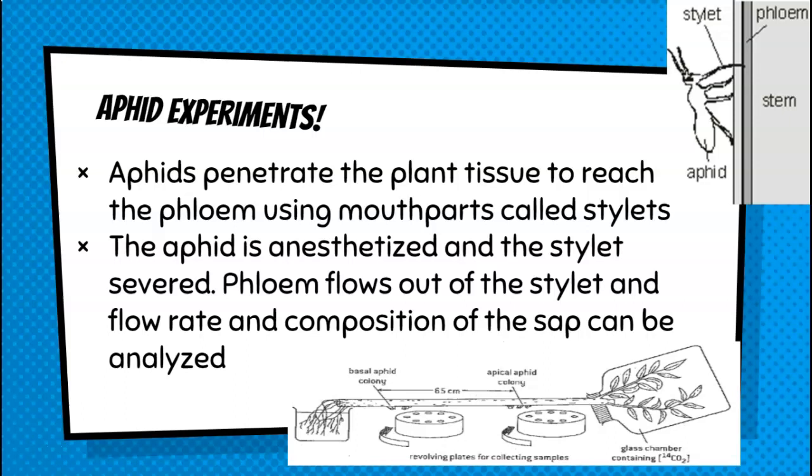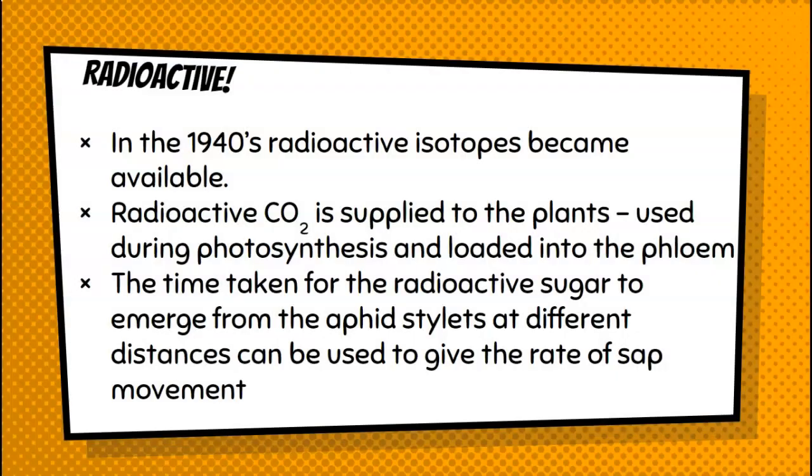To get a little bit more in depth with this experiment, we're going to talk about what actually happened. Again, in the 1940s, you had radioactive carbon dioxide, and you gave that to the plants. The plants used that in photosynthesis. By using that radioactive CO2, all of the sap that was created was then radioactive. What the scientists wanted to research was how that radioactive sap moved throughout the plant.